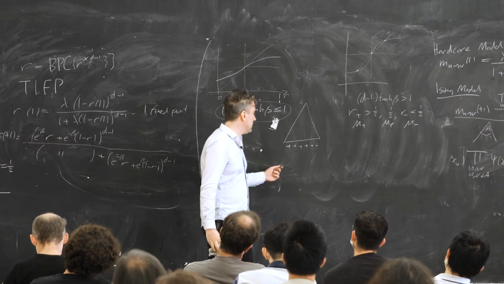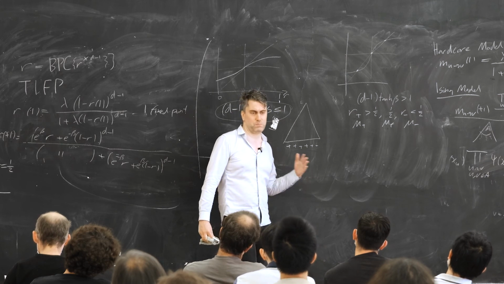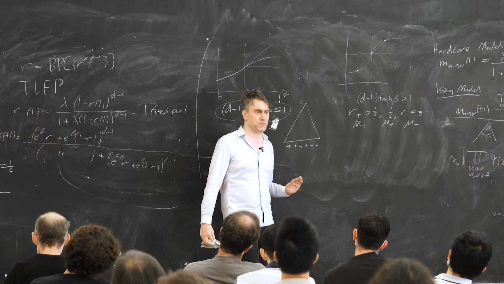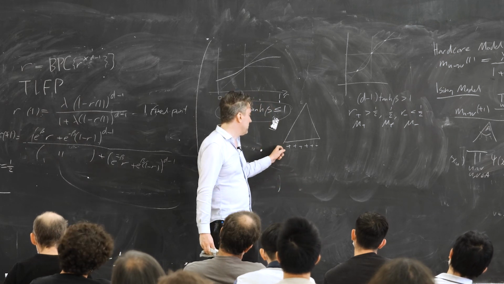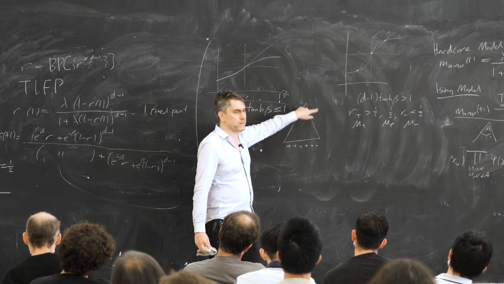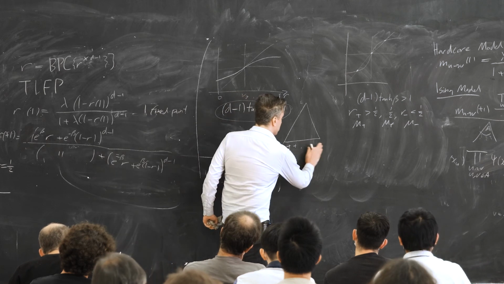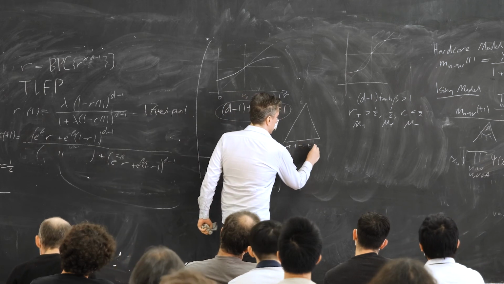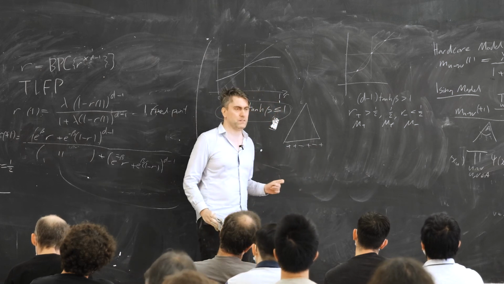Then it should be a random boundary condition, but I can think of that as a mixture of deterministic boundary conditions. So it's enough to show that for a deterministic boundary condition a long way away, it doesn't affect what's happening at the root. For any boundary condition I put here, it will be some combination of pluses and minuses.